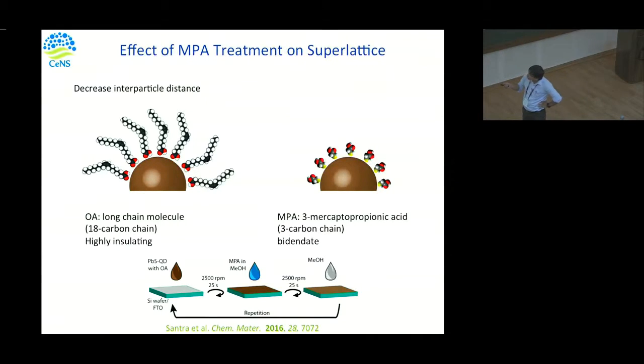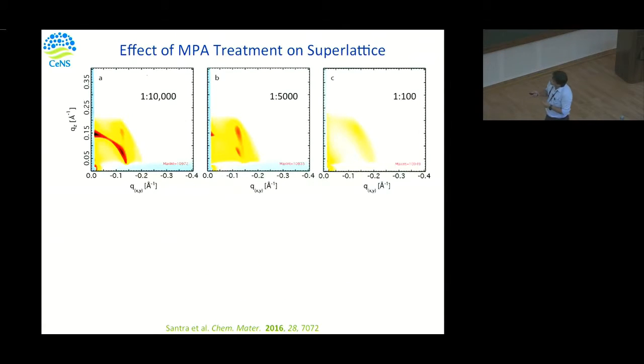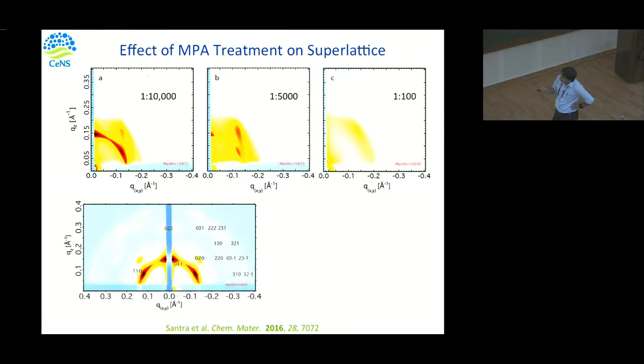Now what we are doing is applying this ligand to the thin film, to the quantum dot solids, and then we are just spin coating and washing this up. So let's see what happens with the effect of this mercaptopropanoic acid or these small molecules. So this was the earlier structure without treatment with these small molecules. Now when we start treating with different concentrations, then we find that along this QZ axis, which is vertical to the plane of the substrate, there is an asymmetry which is building up.